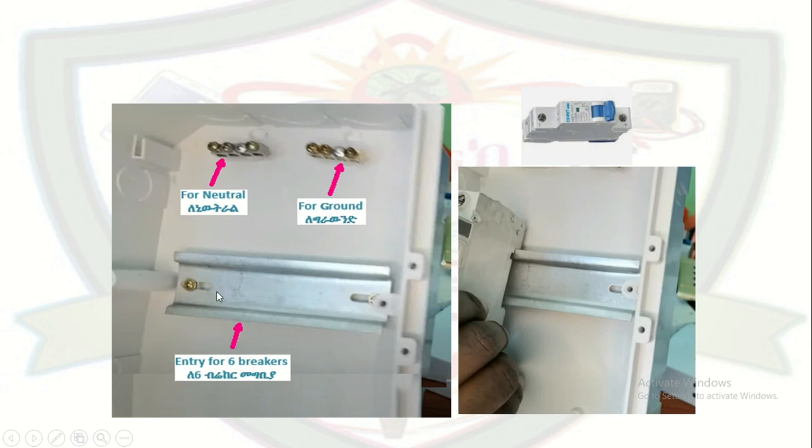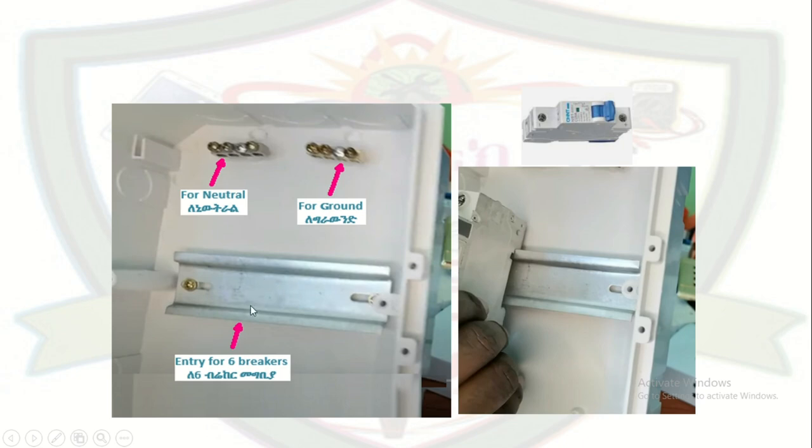Depending on the size, on this one we can install 6 or 4 breakers. Depending on the size, you can increase the breakers. The breaker is here. This is just like a switch, but it protects against over voltage or overload. So this is important.